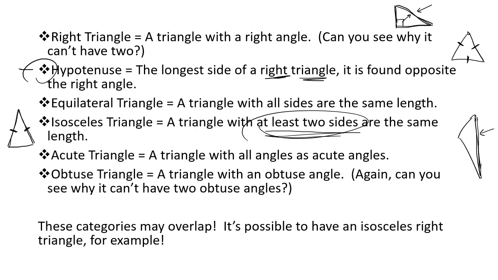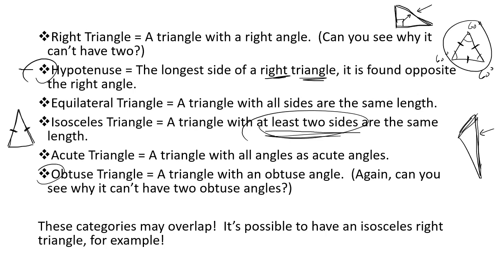An acute triangle is one where all the angles are acute angles. So remember that means that all the angles are less than 90 degrees. And so this equilateral triangle would also be an acute triangle because all these angles would be 60 degrees inside this triangle.